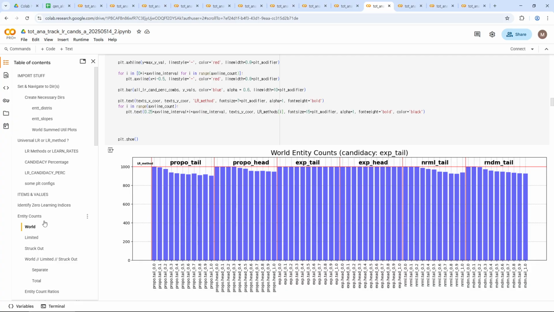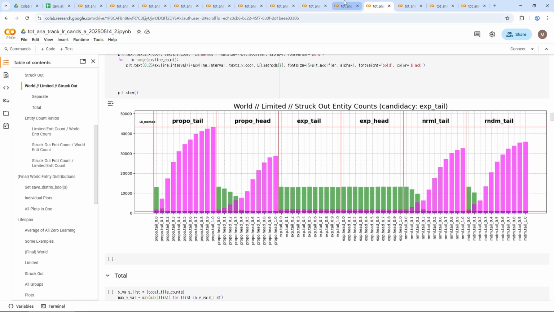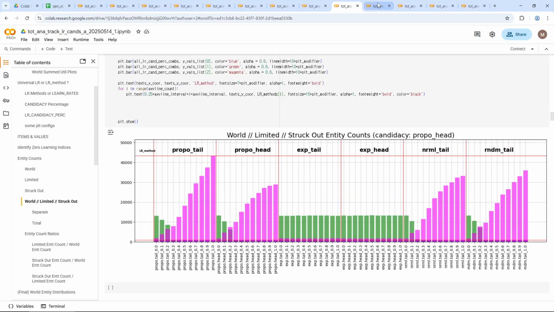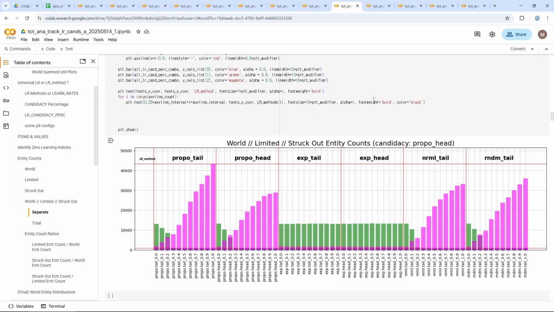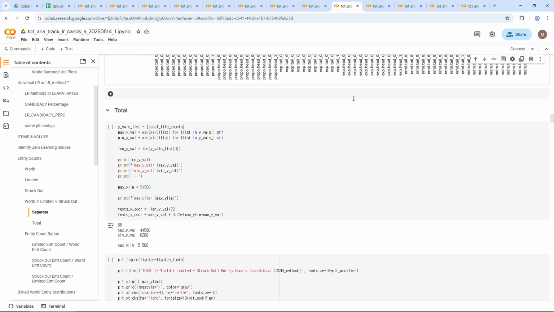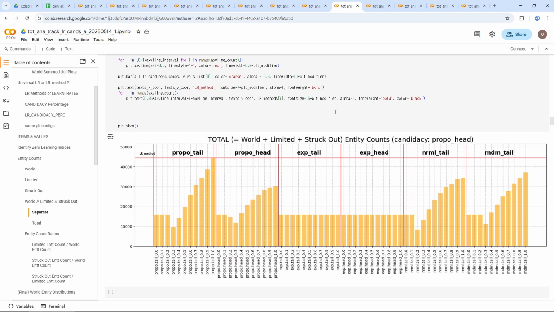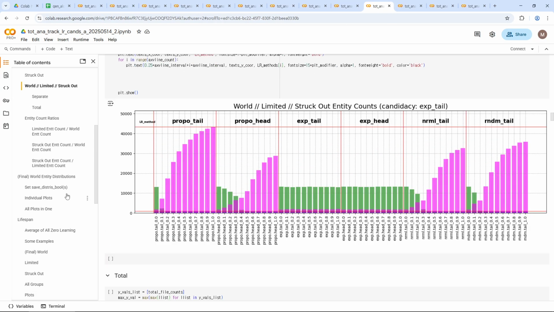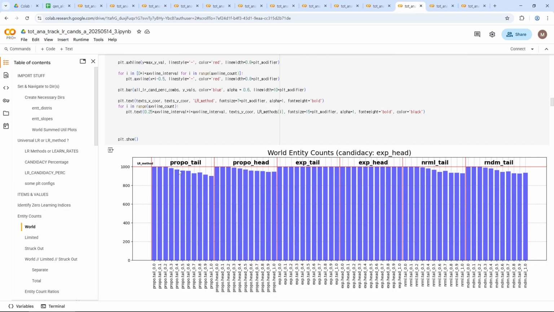Everything together. Similar as well. Separate. Total. In total. Yep.